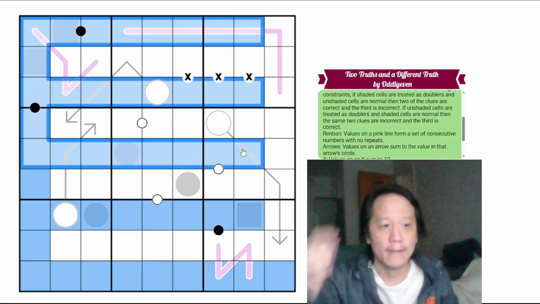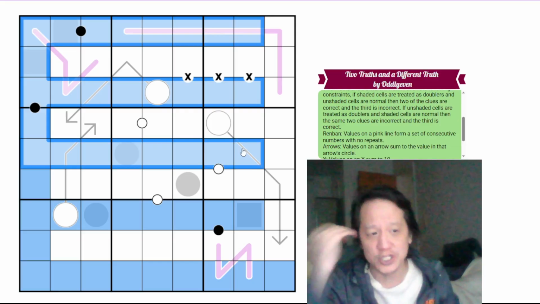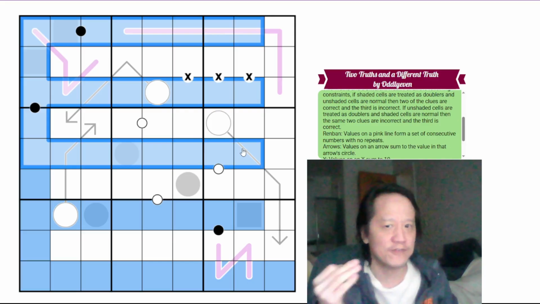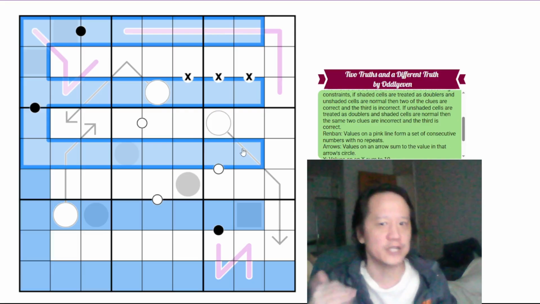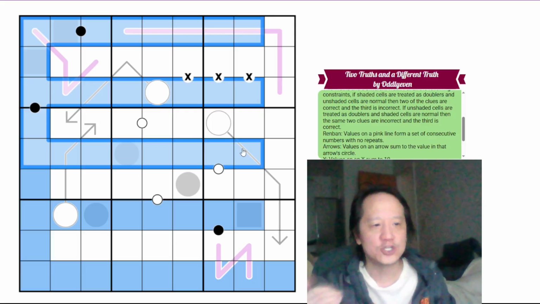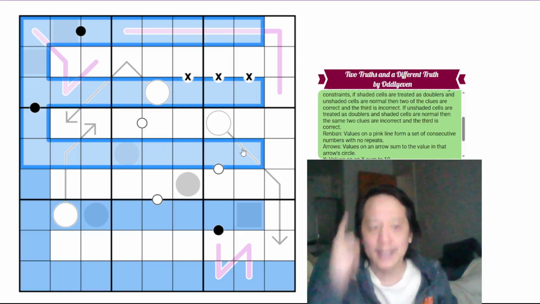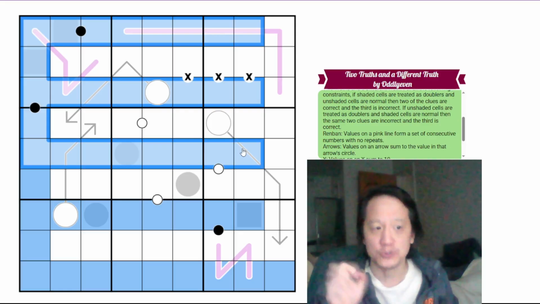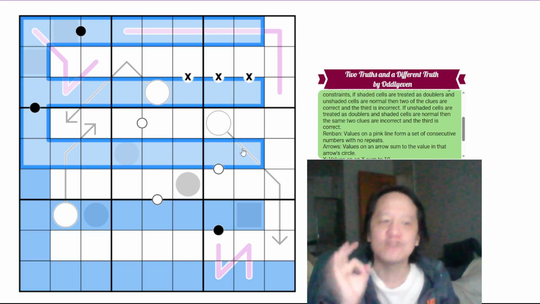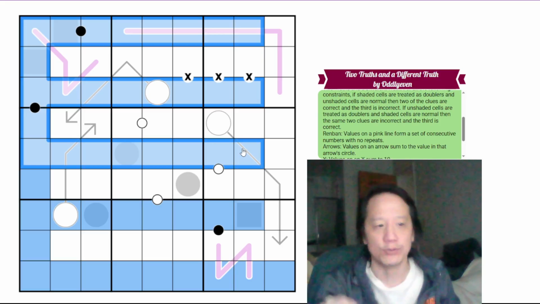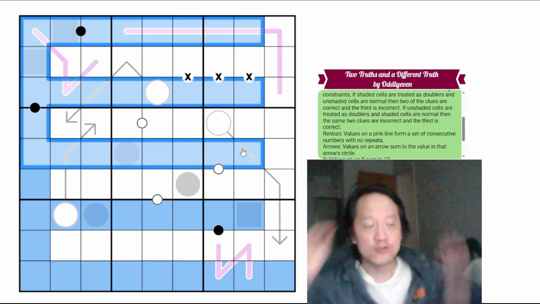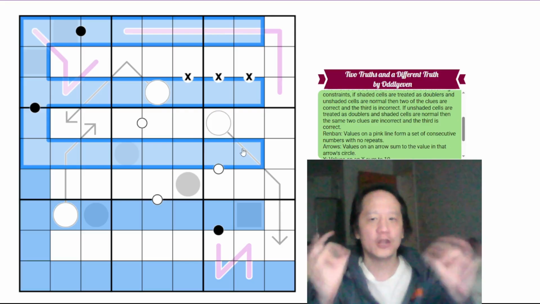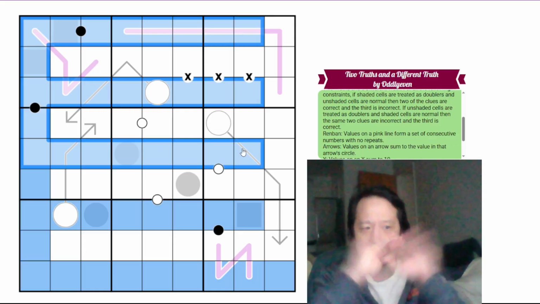It's good, but the problem was I didn't understand because it said "if". It should be that shaded cells have to be treated as doublers in one instance, and they have to be treated as non-doublers in another instance. And you have to do both. Otherwise, it doesn't make any sense. You can't solve this puzzle.